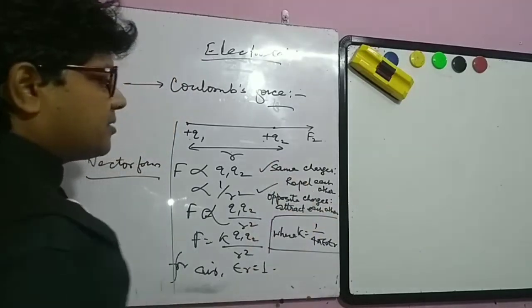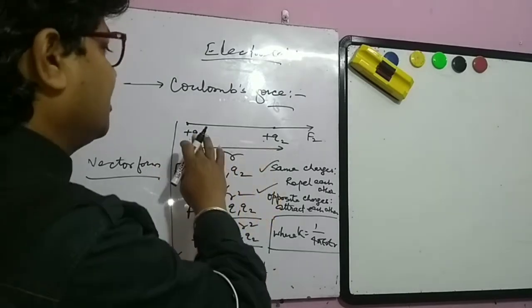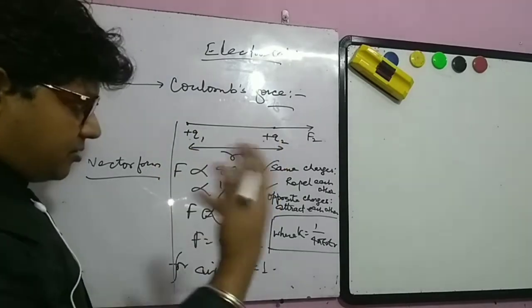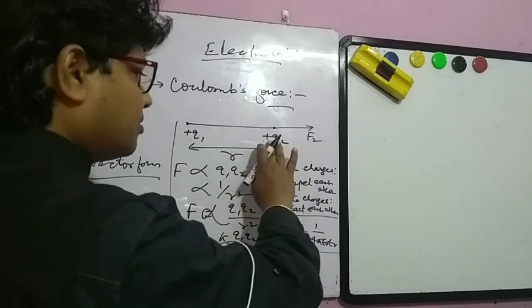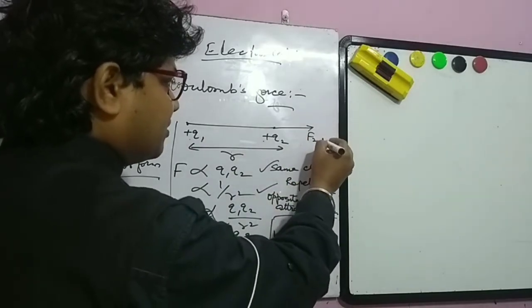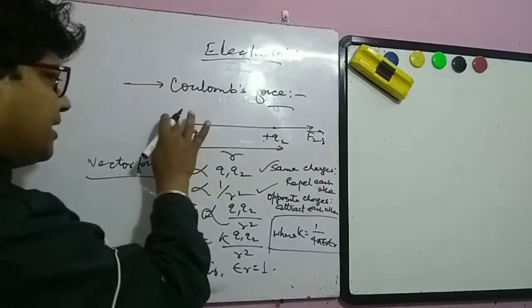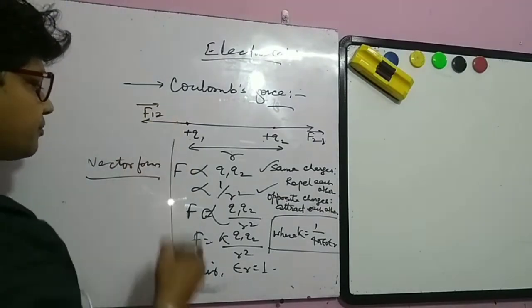So these are two things we have to keep in mind. Here in our present consideration, q1 and q2 both are having same nature, both are positive charges. So this force we can write here f21, and here we can mention this is f12.